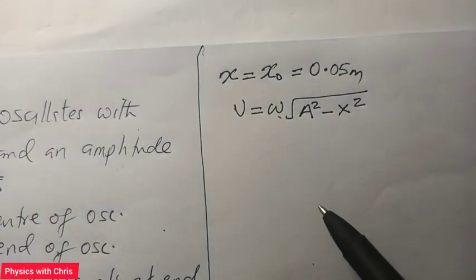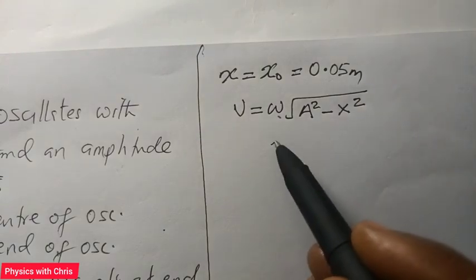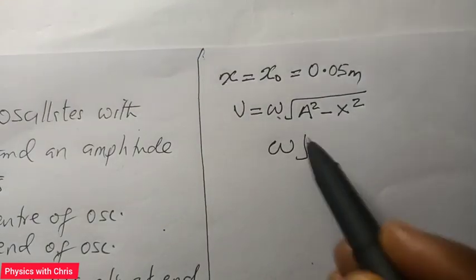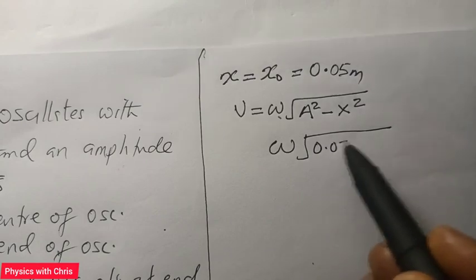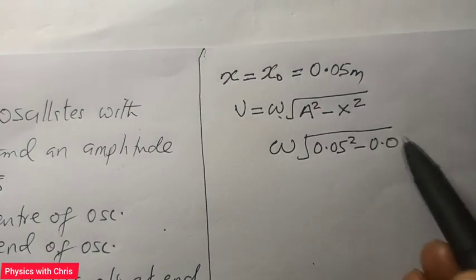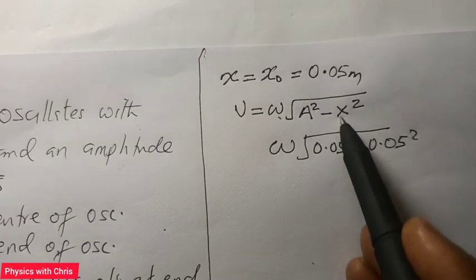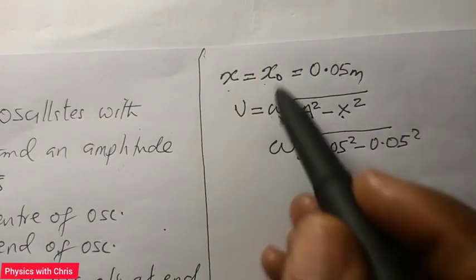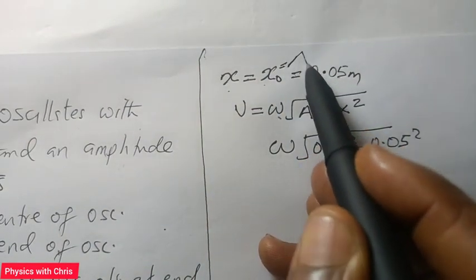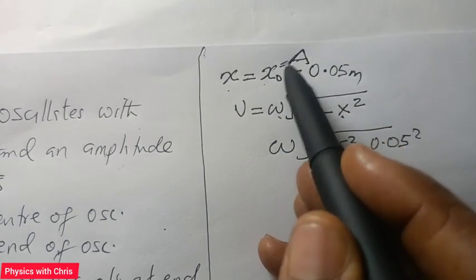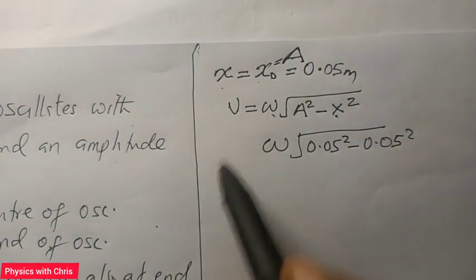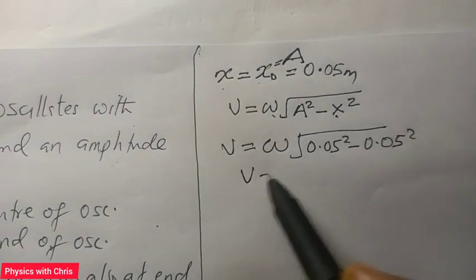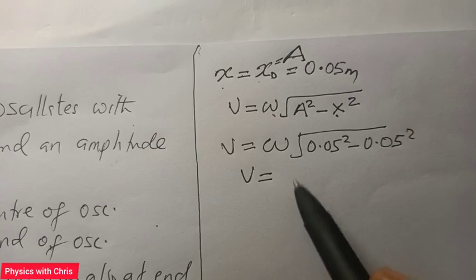Here I have omega multiplied by the square root of 0.05 squared minus 0.05 squared. Or I can just replace this with a squared, because the displacement is equal to a or x naught. Remember I said you can use a for amplitude or just x naught for amplitude. So it is very clear here that the velocity of the body at the end of oscillation is equal to zero.